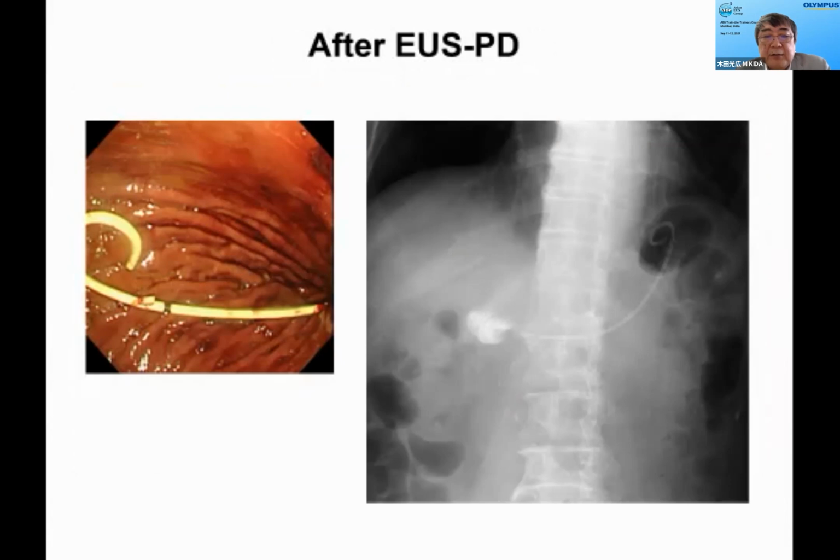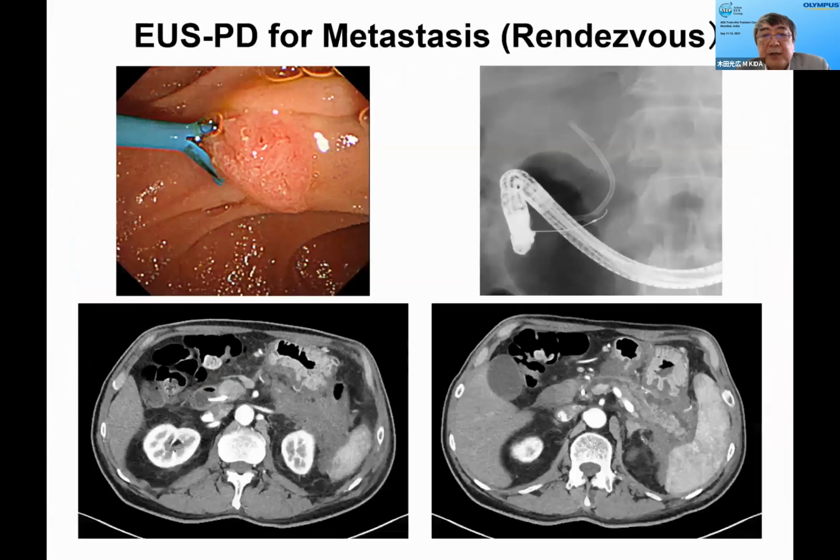Finally, we insert the IT stent into the MPD. This is the result of the EUS-PD. And this is another case of pancreatic duct stenosis due to metastasis.